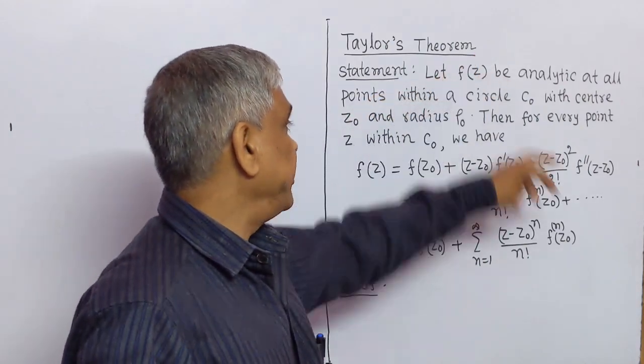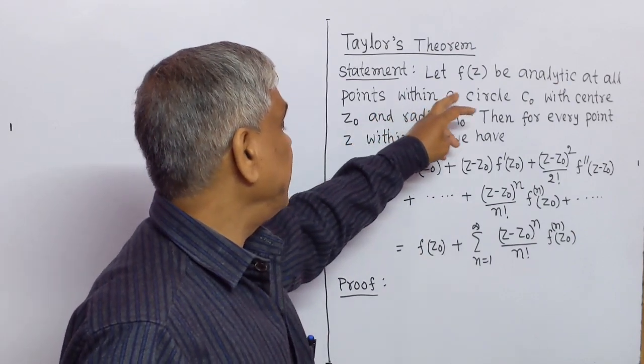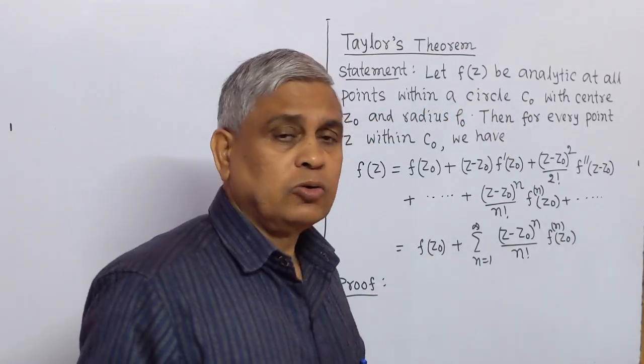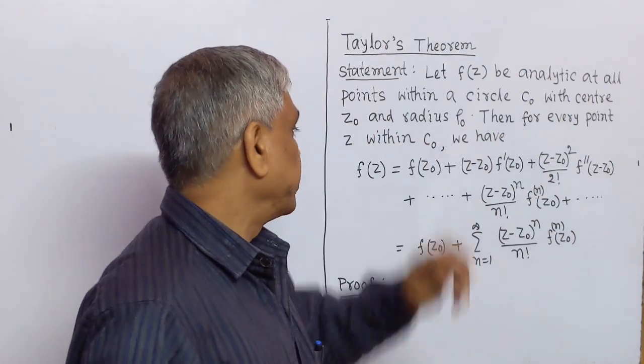Let function of z be analytic at all points within a circle C0 with center Z0 and radius ρ0.